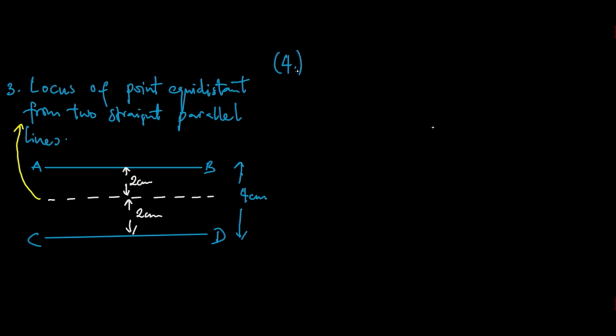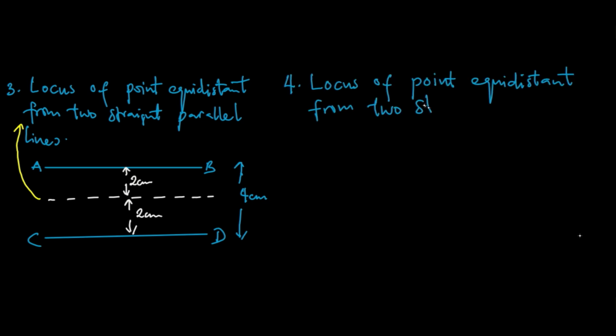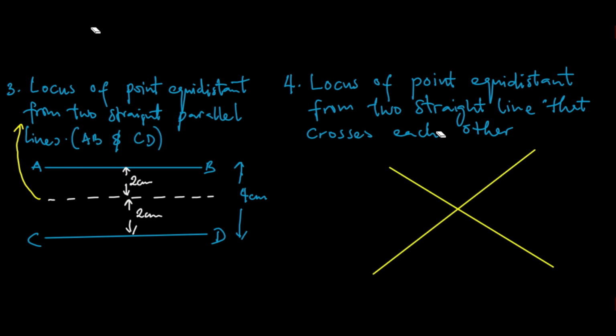There are 4 ways. The 4th one now is locus of point equidistant from 2 straight lines which cross each other. You know, when 2 straight lines cross each other, there are 4 angles that will be formed at the point of intersection.